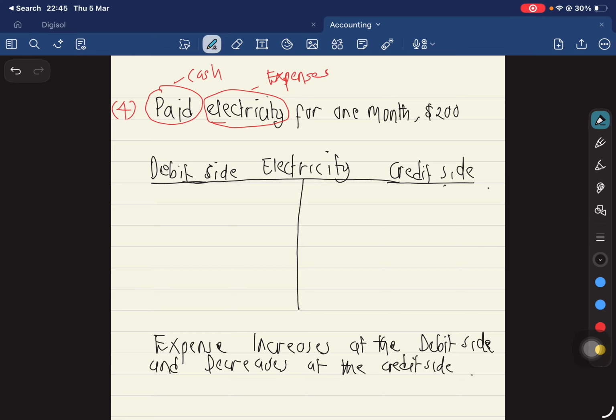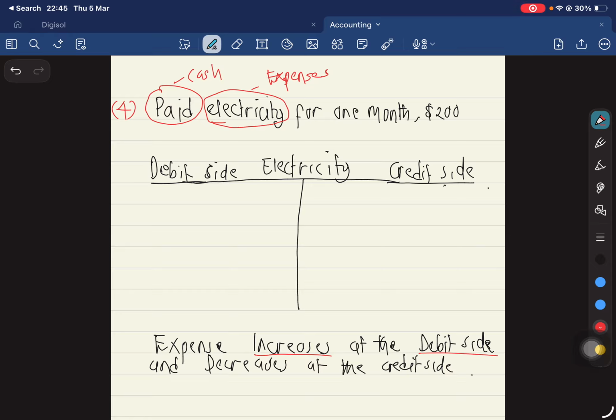And the question says paid electricity for 1 month, $200. So the expenses of the business have increased. The electricity expense has increased. So per the accounting rules, expense increases at the debit side. The left side of the T account is the debit.